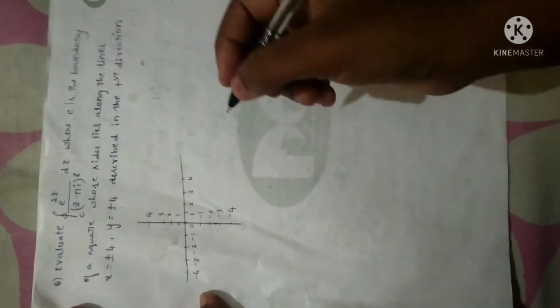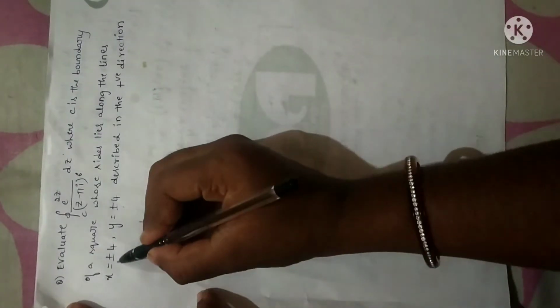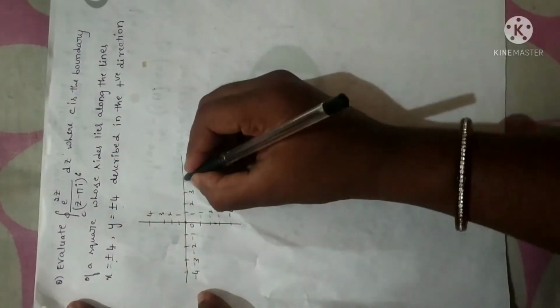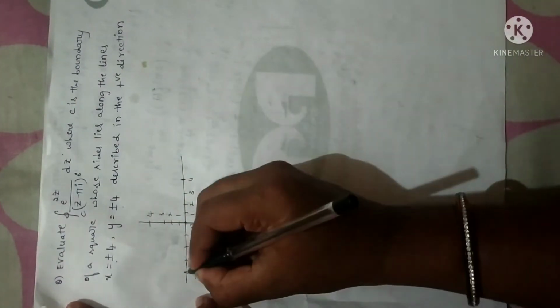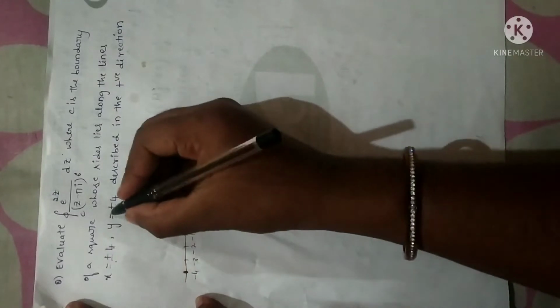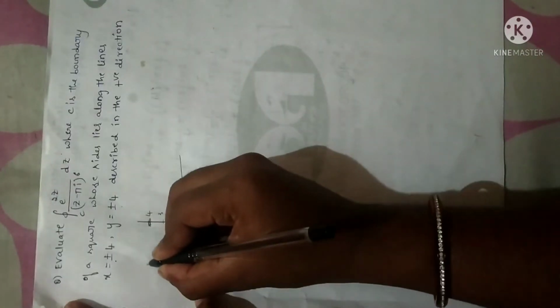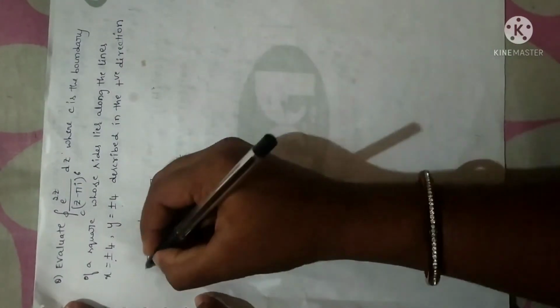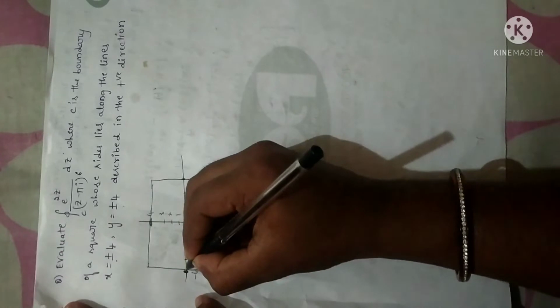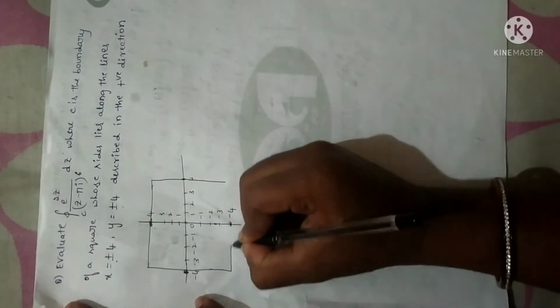Clearly in the problem it is given x will range from plus 4 to minus 4, so x is plus 4 here and minus 4 here. Again, y will be plus 4 to minus 4. So it is something like this.